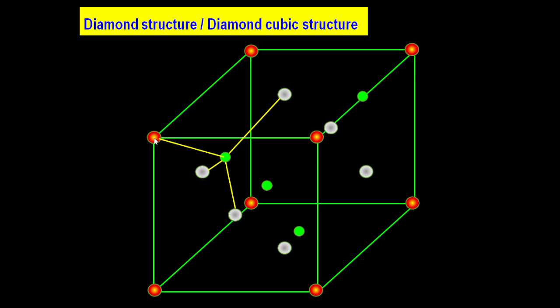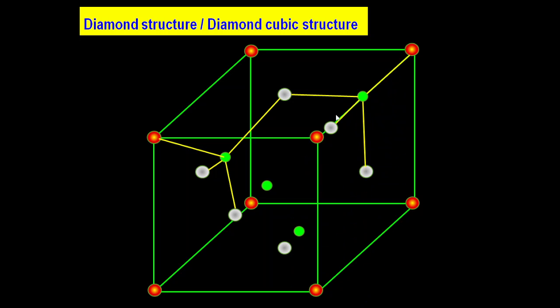Okay, one atom at the corner and 3 face centered atoms. So the coordination of this green atom is 4. Okay, so this green atom is tetrahedrally coordinated by other 4 atoms. Suppose this is a carbon atom, this carbon atom is tetrahedrally coordinated by 4 other carbon atoms.